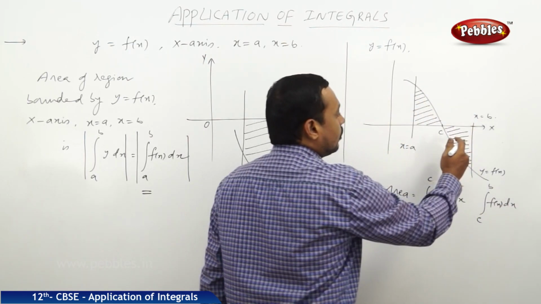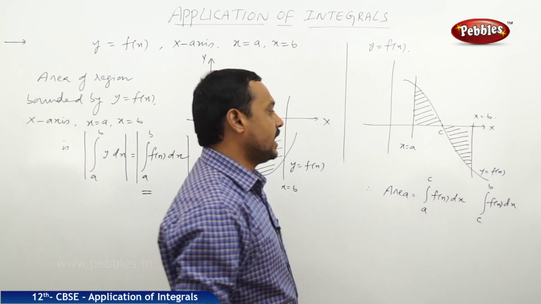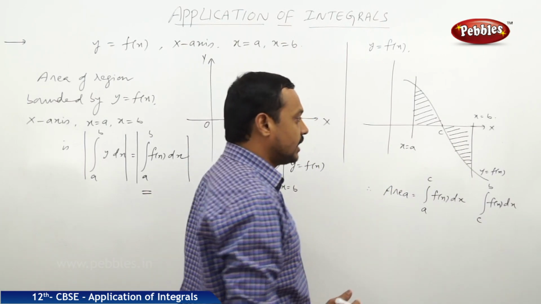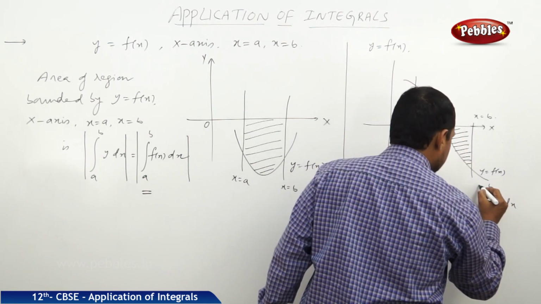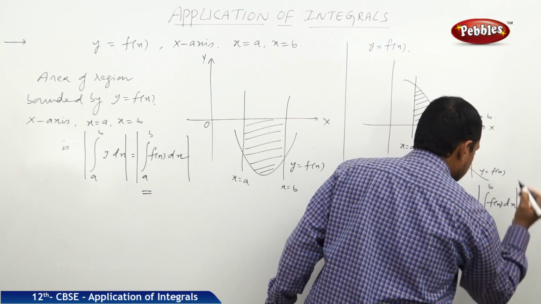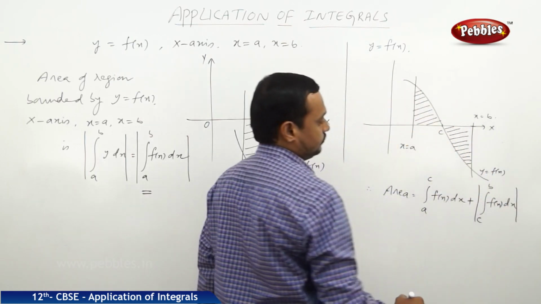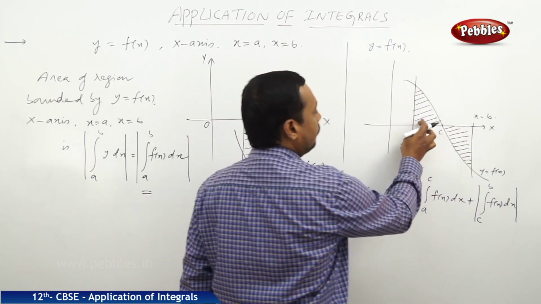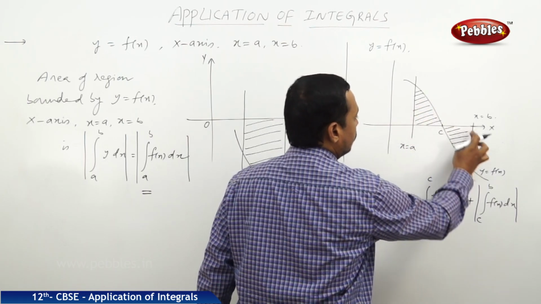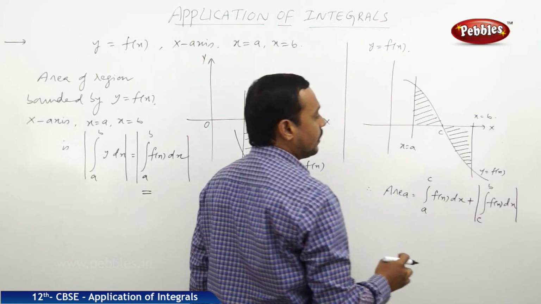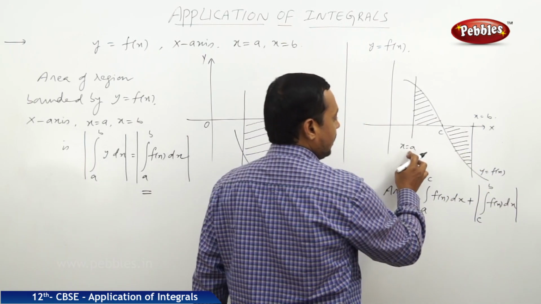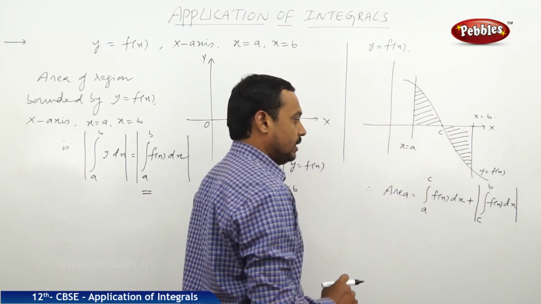Since the graph is below the x-axis, we get a negative integral, but area is always positive, hence we have to take the modulus here and add these two. Therefore, the sum of these two areas gives the total area of the region bounded by the curve y equals f of x between x equals a and x equals b.